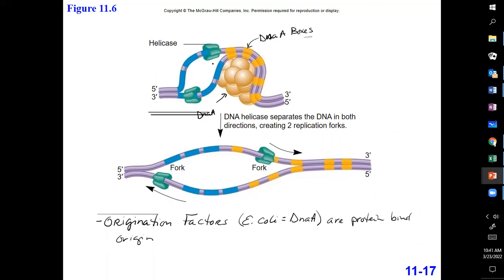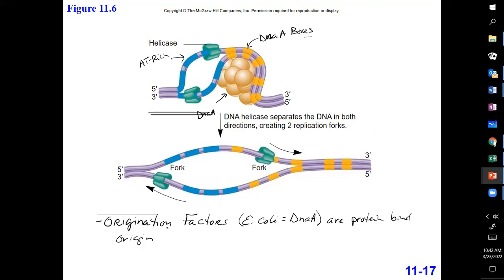And the binding of these proteins at the origin pops open the helix. And in blue, what do you think these are? Those are those AT-rich regions, which are weakly associated. I really like this image because it shows you, and hopefully you can imagine, that DNA is a flexible molecule. Here these proteins bind and cause this sort of contortion of the helix, which pops open the AT-rich region.